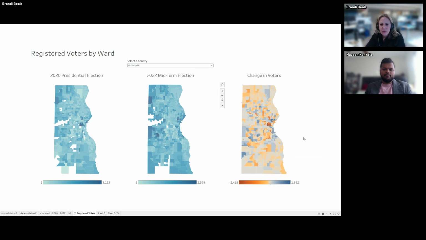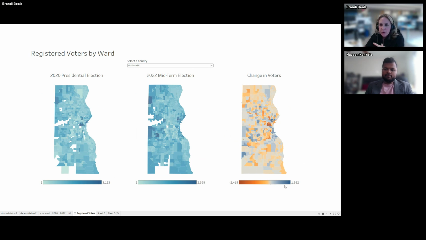I think what stood out to me is that the difference is actually pretty well balanced, whether you look at the state or go down to the county level. On average, it certainly looks like there are fewer voters, which I think the other visitors today have also shared as an insight.